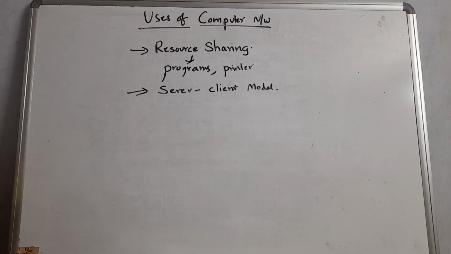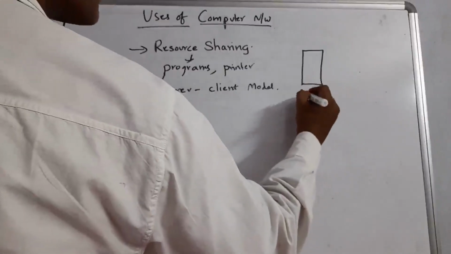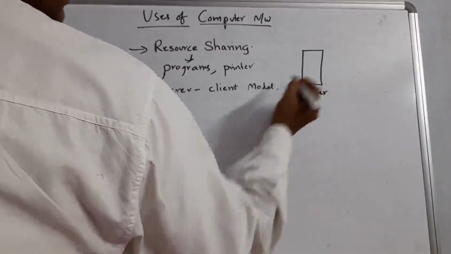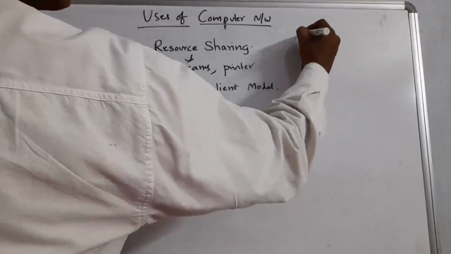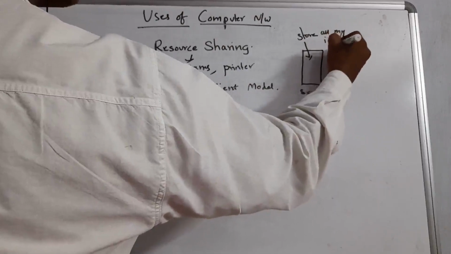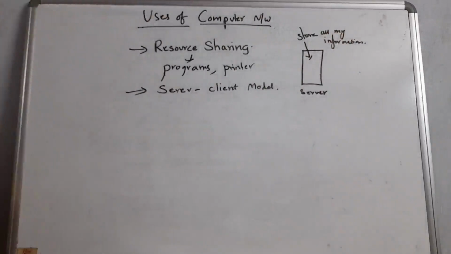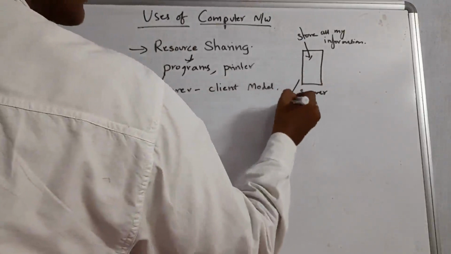A server is a central computer which is used to store the information, and it is maintained by the database administrator. That is, suppose this is my system, which you call a server, and this is the place where I am going to store all my information. This is what is called a server, and it is maintained by a system administrator.